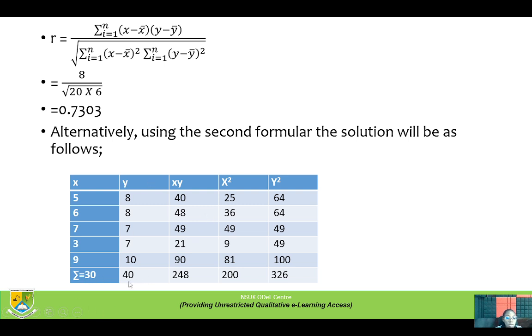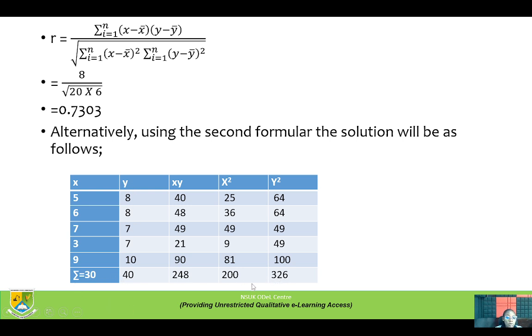This will help us to just substitute these summations into the formula. But I'll be leaving you to do that. I've done half of the task for you, getting the summations already.